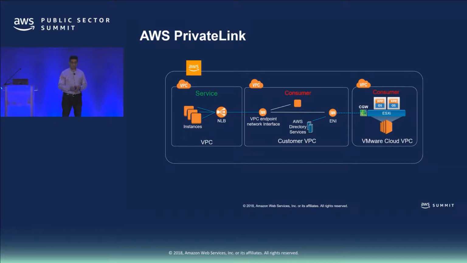DNS will be part of the AD server. You will simply use that private IP address as your DNS serving the VMware VMs. In this case, all requests to access the service will be resolved by this DNS to the right IP address. So this is how it works. But what kind of services can I access with this model?